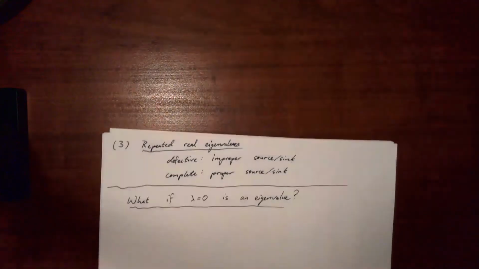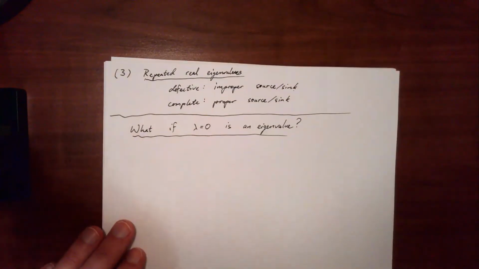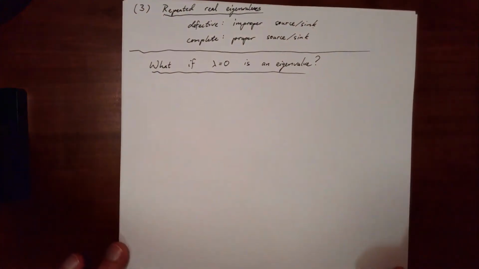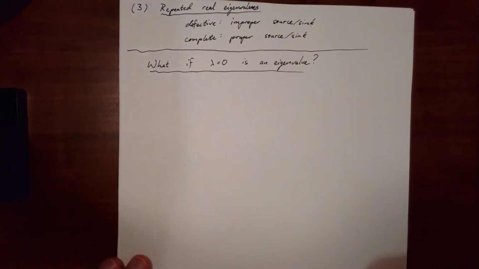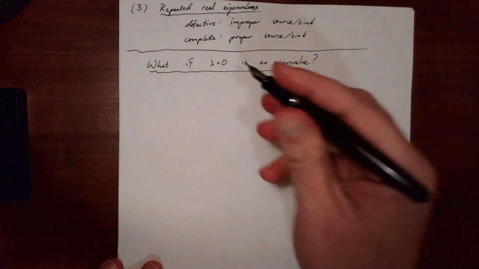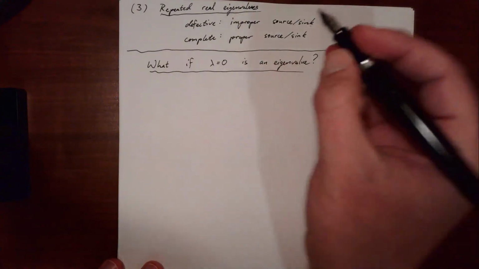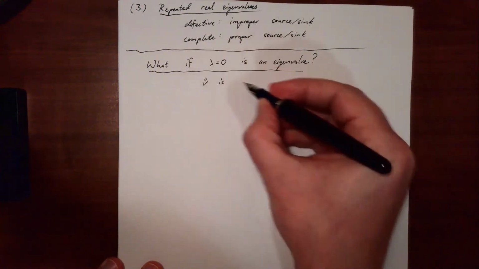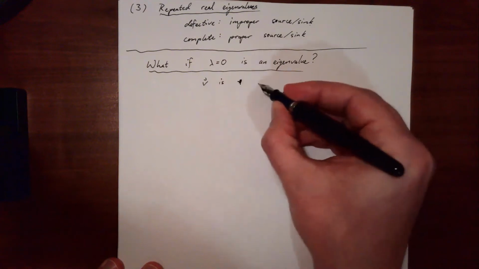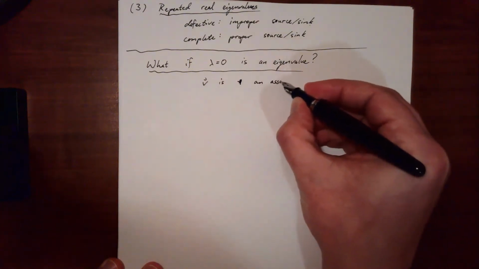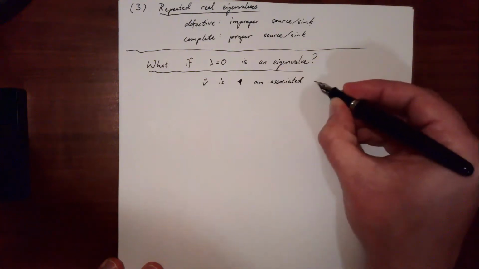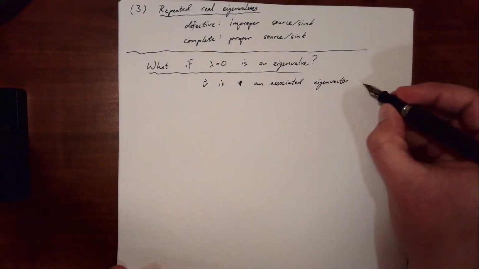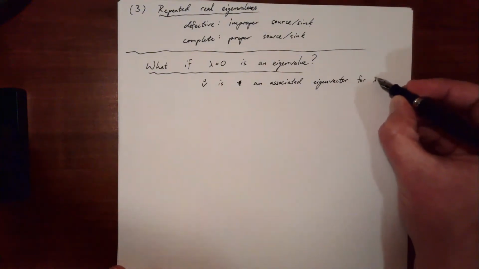Well, we're not going to delve into too much of the ins and outs of this particular case, because then we have to consider, is it repeated, is it not repeated, etc. The important thing to note is what that would mean about the corresponding piece of the solution. So let's say that v is an associated eigenvector for lambda equals 0.